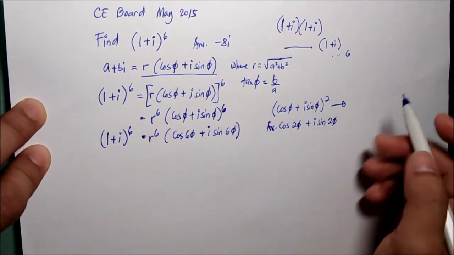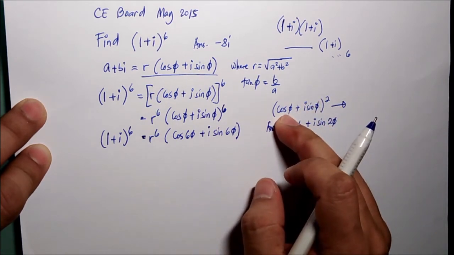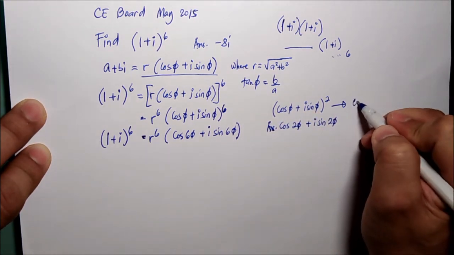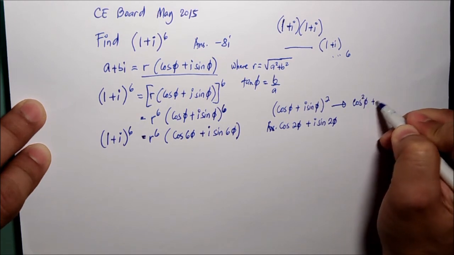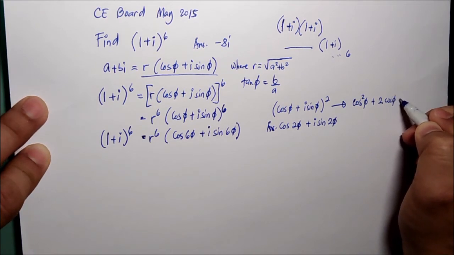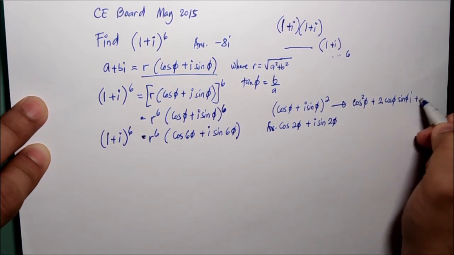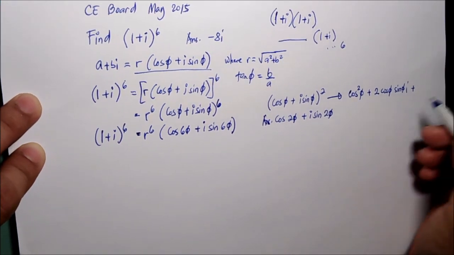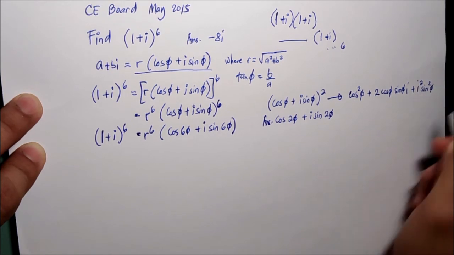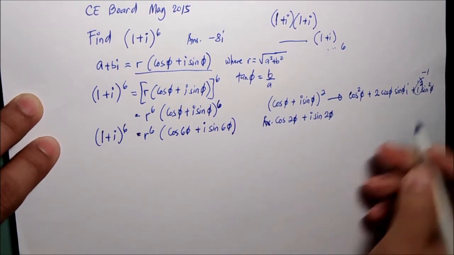Before we proceed, the square of this is the square of the first term, plus twice the first term and the second term, plus the square of the second term, i squared sine squared theta. i squared is negative 1, correct?